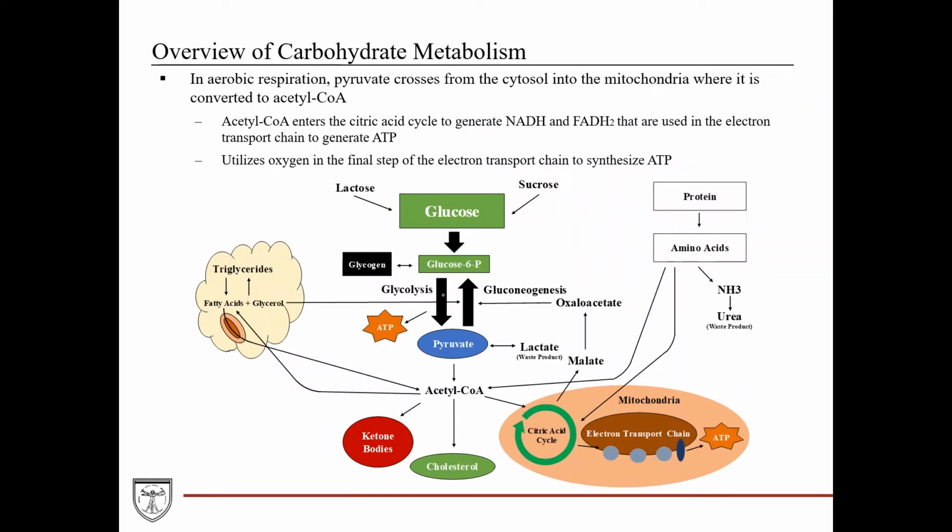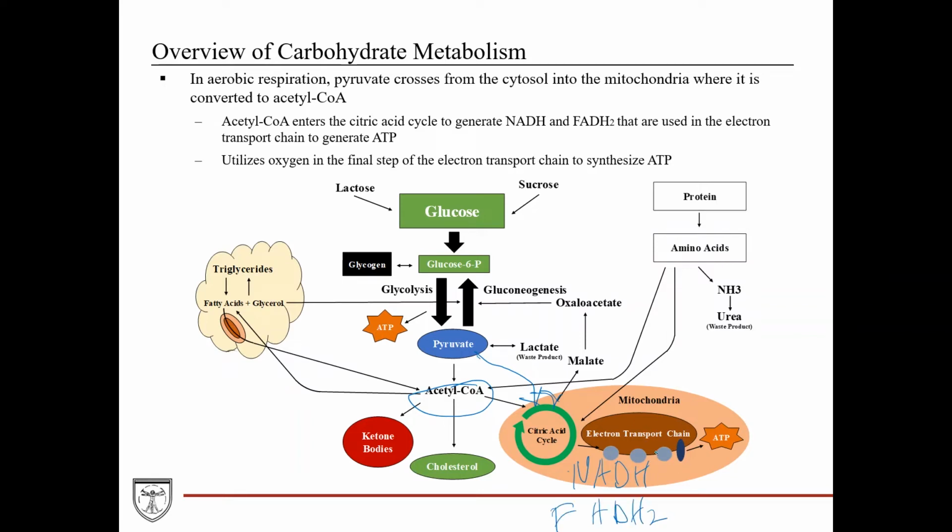So for aerobic respiration, you have pyruvate, which then crosses from the cytosol into the mitochondria and is converted to acetyl-CoA. Now in this diagram, we have acetyl-CoA out here because it's such a central player in a lot of different pathways. But in reality, pyruvate comes into the mitochondria, is converted to acetyl-CoA, and then it enters the citric acid cycle. Now the citric acid cycle generates 2 molecules known as NADH and FADH2.